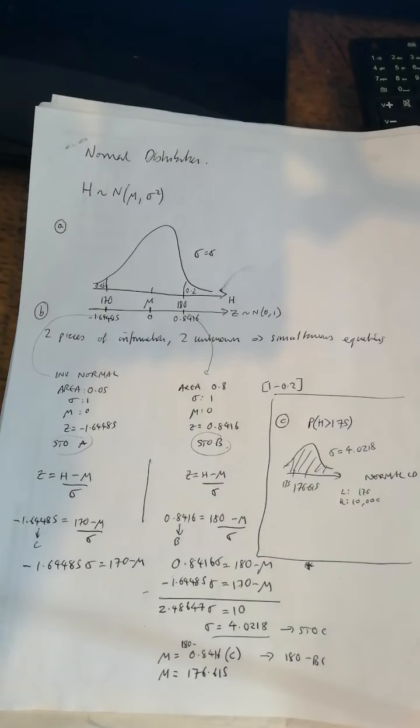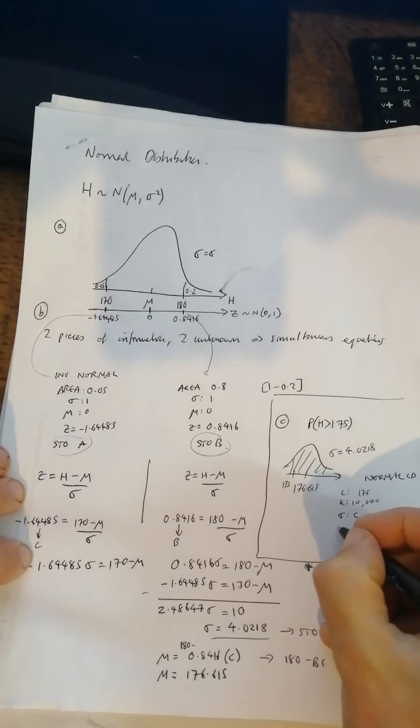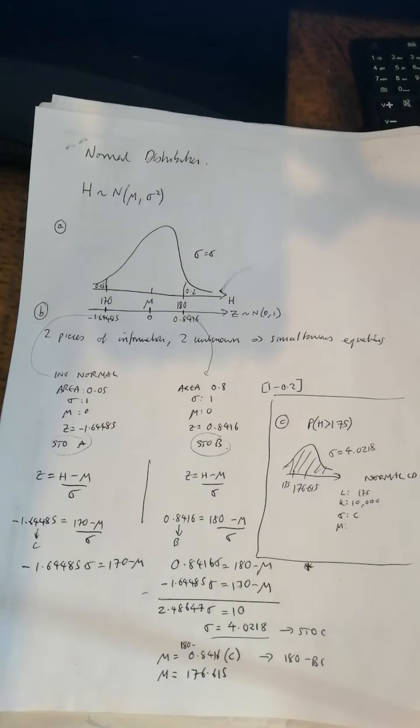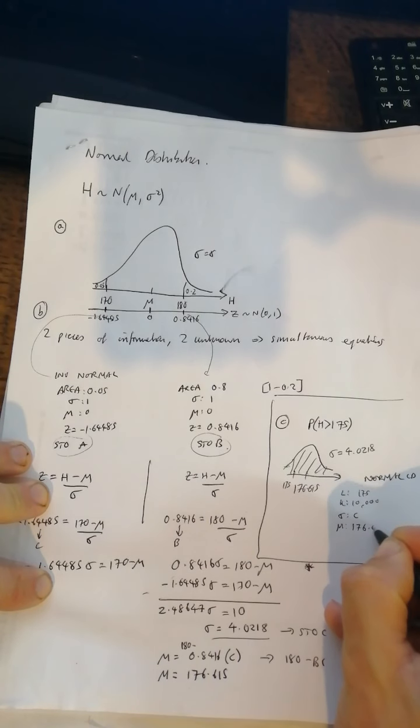For sigma, I can put in alpha C, because I've got sigma stored as C. For mu, I never stored that, so I'm going to put in 176.615.